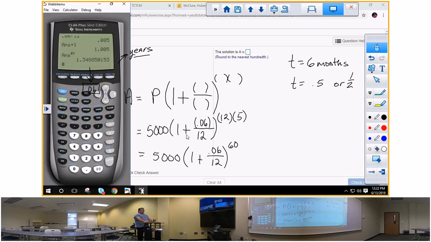And then multiply that by 5,000. Now, once you do that, your number will always be above 5,000 because the objective of having a savings account is when you withdraw it, you have more in it than what you started. 6744.25 is the end principal after 5 years.